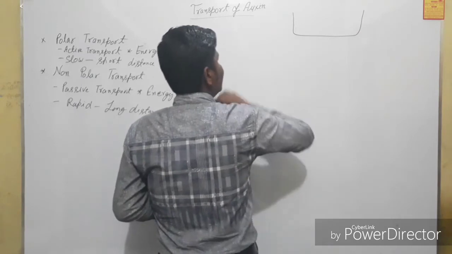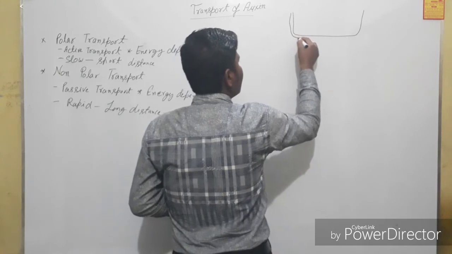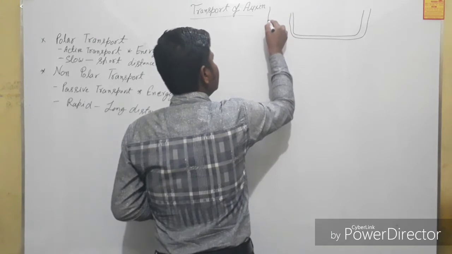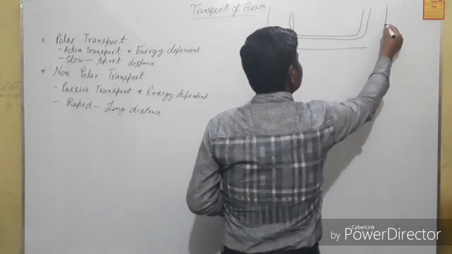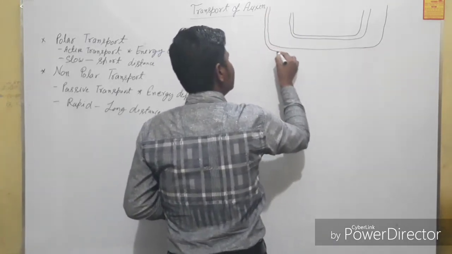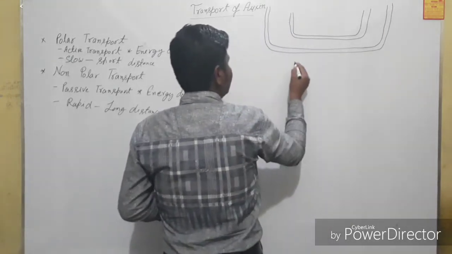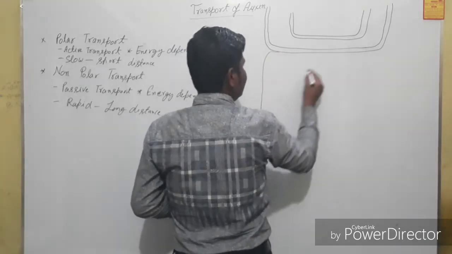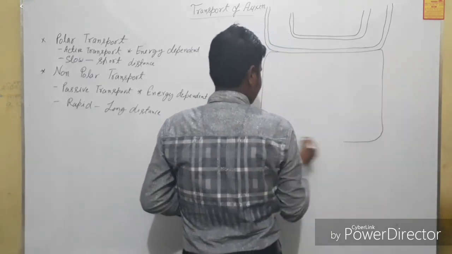Let us consider we make cell to cell manner here. This one is the plasma membrane, and this is the cell wall of the plant, and this one is another cell where transportation occurs.